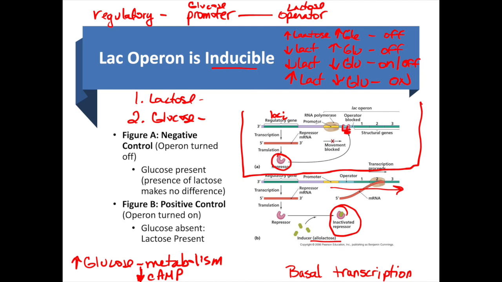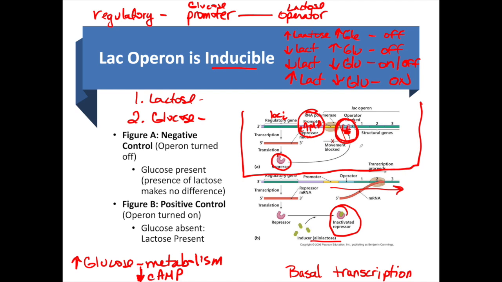And in order for RNA polymerase to come together with the other enzymes responsible for initiation, I have to have cyclic AMP. So if my cyclic AMP levels are low, my RNA polymerase will not get activated. So regardless of whether or not lactose is present, if I have lactose present but I have a bunch of glucose still there, I'm not going to activate this operon because I don't have enough cyclic AMP. So high levels of glucose results in glucose metabolism.